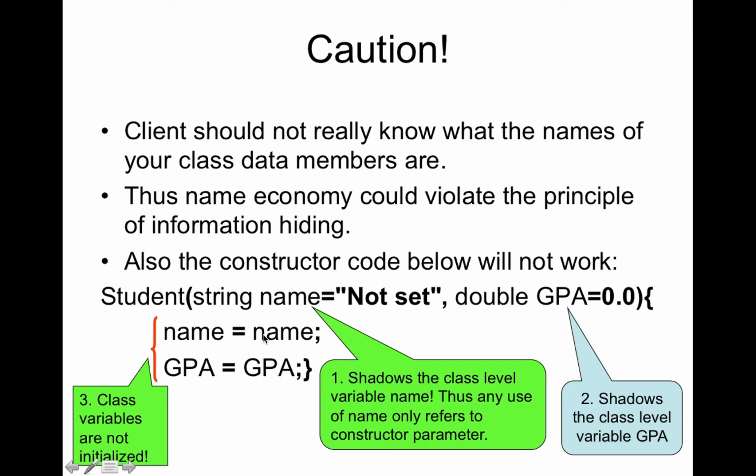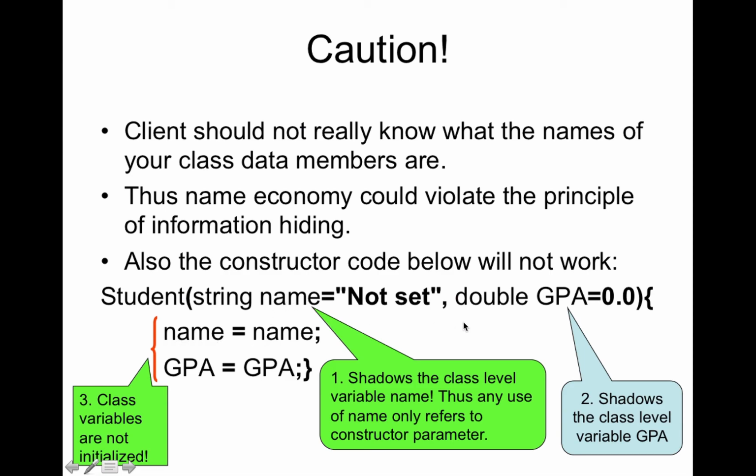So in this statement you are setting this variable equal to itself. This is not the class level. This one and this one are the same thing, so you are doing nothing with the class level variable.